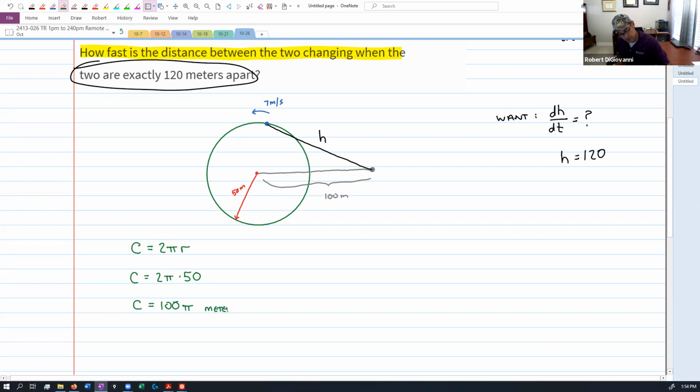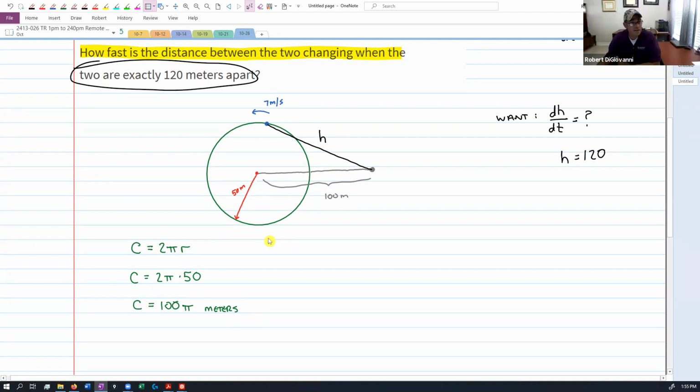I'm putting meters just so you understand that we just measured the total distance around the circle. Circumference is 2 pi times the radius of the circle, which is 50. So I know the distance around the whole thing. Now, how long will it take her to go around? Would we want to just divide that by 7?